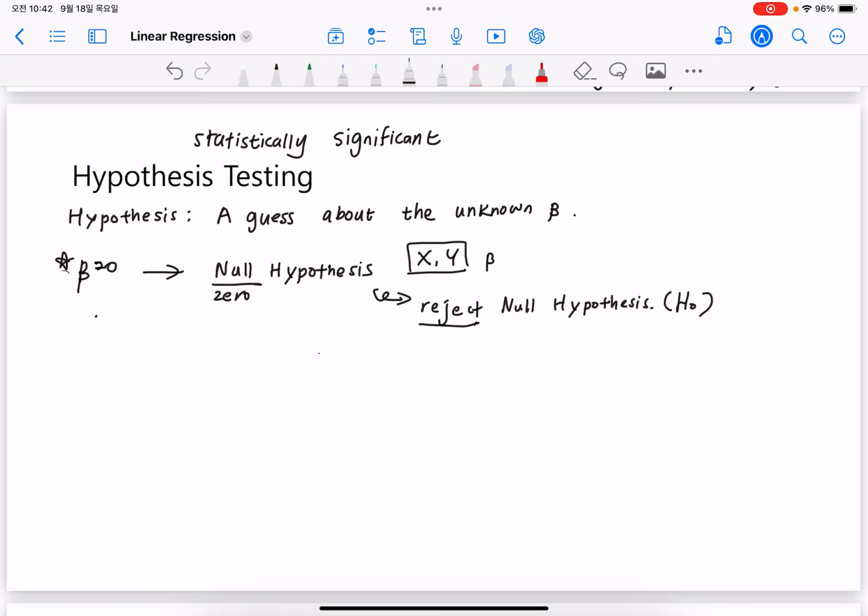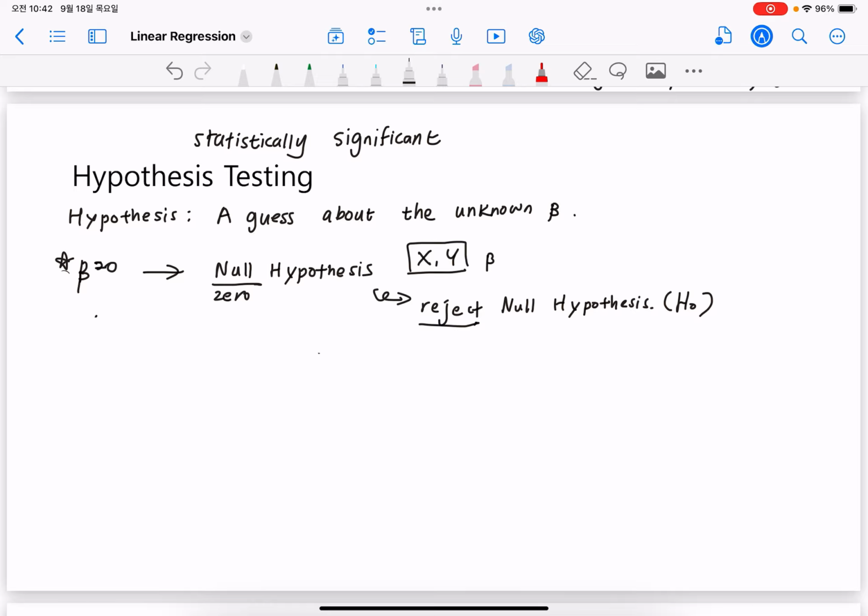Okay. So the t-stat can be calculated as beta hat that we have got, minus the hypothesized value under H null, divided by what's called the standard error of beta hat.